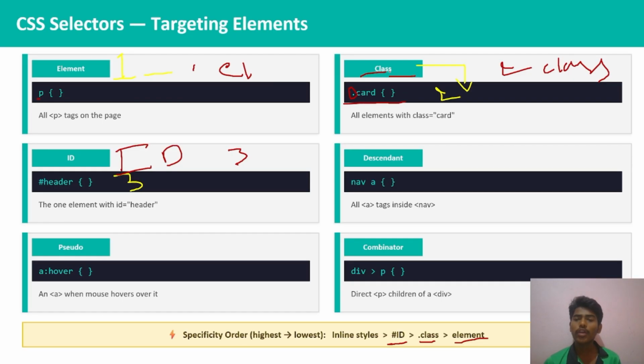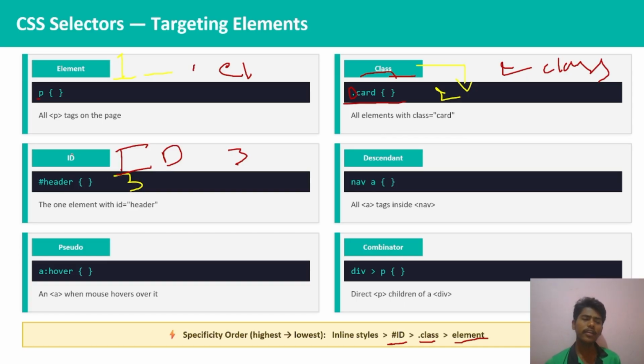In the class selector, we can see it is dot card. What does dot card mean? Simply, dot card is declaring a class. When a selector name starts with a dot, we can understand it is a class. When you want to use a class selector, we simply use a dot and next to it the class name.